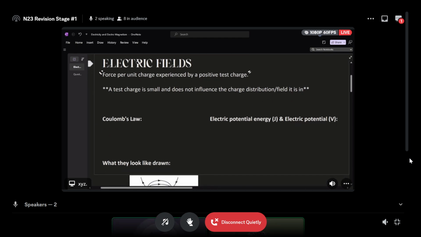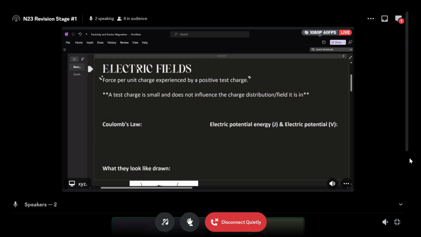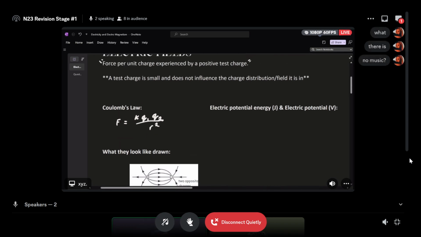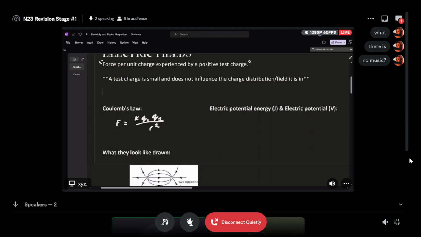The first fundamental law of how charged particles interact with each other is Coulomb's law, and you should be pretty good with Coulomb's law. Coulomb's law states that the force between two charged particles, I'll make my pen smaller later because this is huge, is proportional to the charges, Q1 and Q2, and inversely proportional to the square of the distance between the two charges.